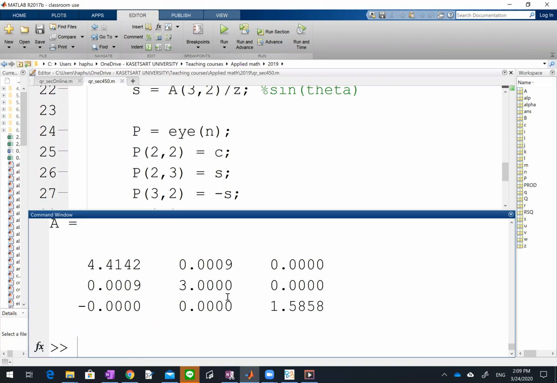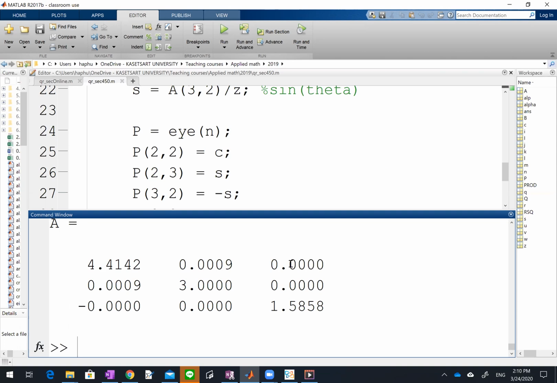If you take a look at that, 1.5858 is in the last row and the last column, and you can see that the numbers in the first two columns here are 0 and 0, and the numbers here are also 0 and 0.